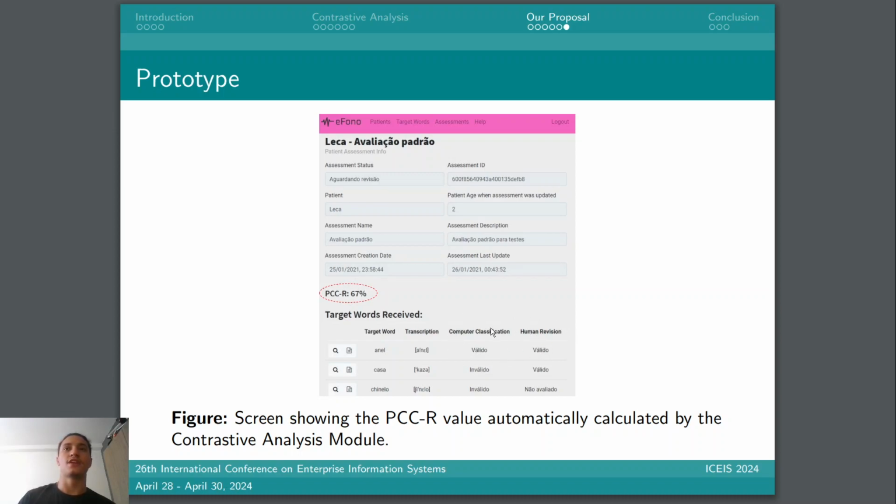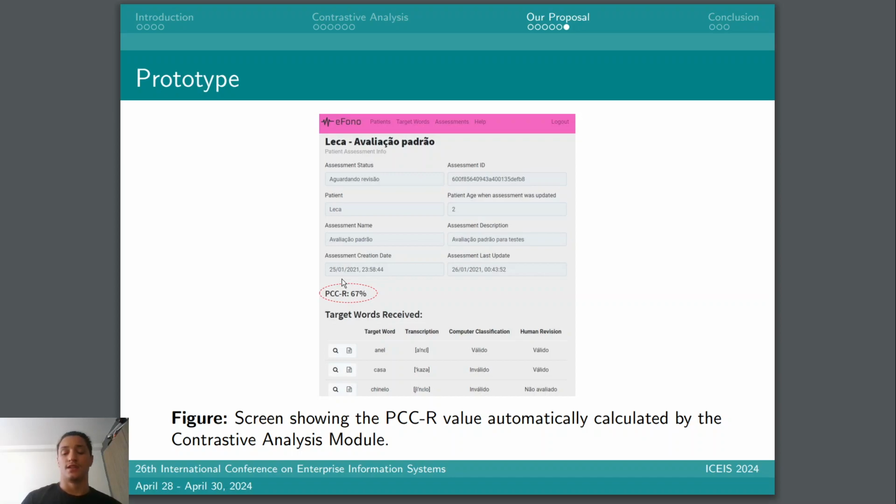This computer classification is not the scope of our study today, but it is just a computer classification for this entire transcription. We in our study are interested in going deeper in this analysis, but this is not the scope today. And here is the calculated PCCR, which is calculated even if the speech therapist edits something in the platform.